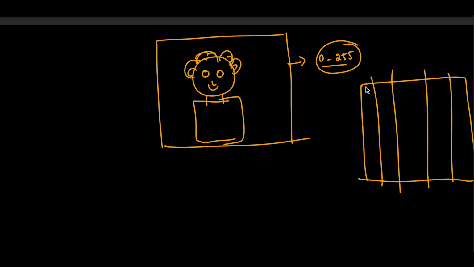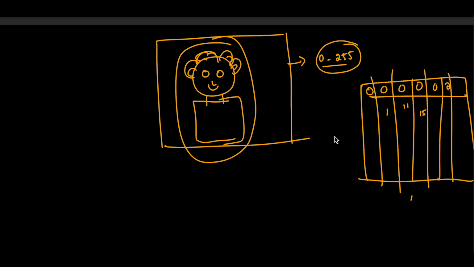You can think that all these were filled with zeros, and only in the portion where the image of this small boy is, we'll be having some numbers like 10, 1, 11 or 15. Some numbers will be there which will sum up and form this particular image visually.